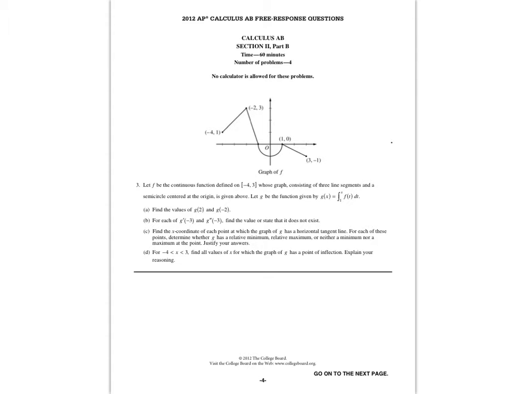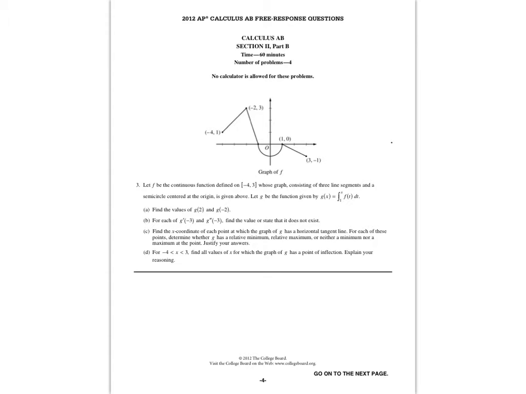So it says that let f be the continuous function defined from -4 to 3, whose graph consisting of three line segments and a semicircle centered at the origin is given above. Let g be the function g of x equals the integral from 1 to x of f of t dt.